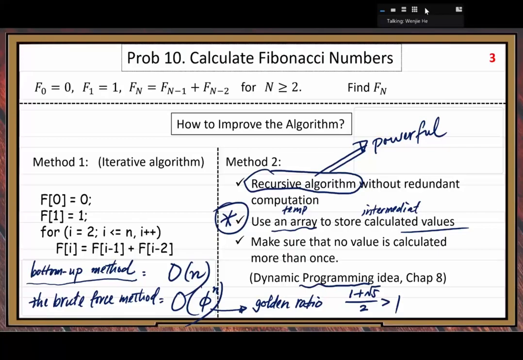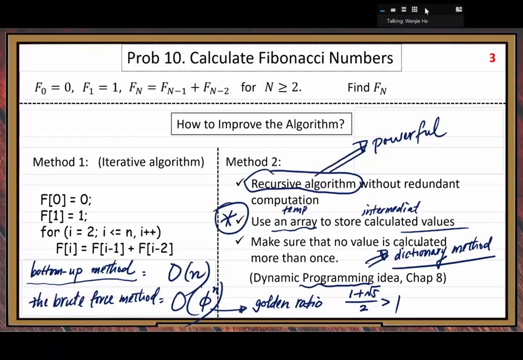So you have a temporary storage. People also call this method the dictionary method. Why dictionary method? The meaning is pretty intuitive.